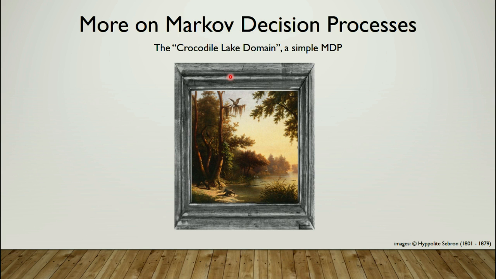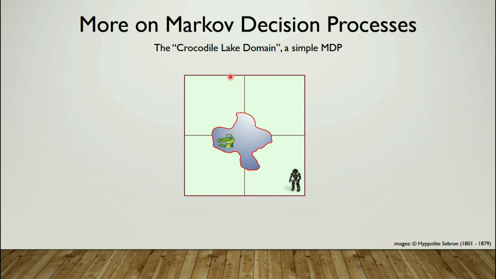All right. I want to go back now to Markov decision processes, and as promised, we will build our own Markov decision process, which is a simple game. It's called the Crocodile Lake domain, and it looks like this. Well, let's simplify. So we have an environment. We have an agent here, this guy, and this agent is able to walk around the environment. So we have 5 states, which is, again, a really simple MDP.